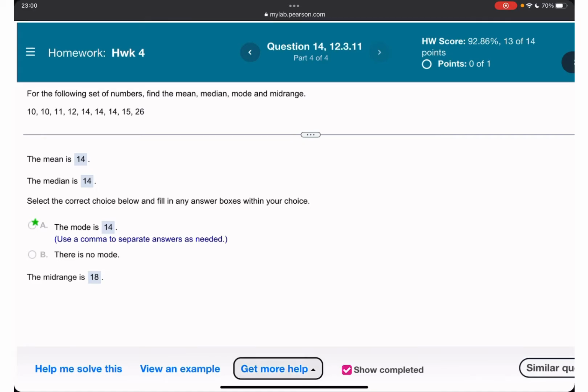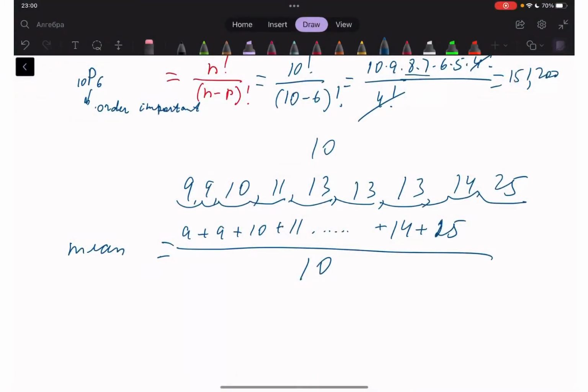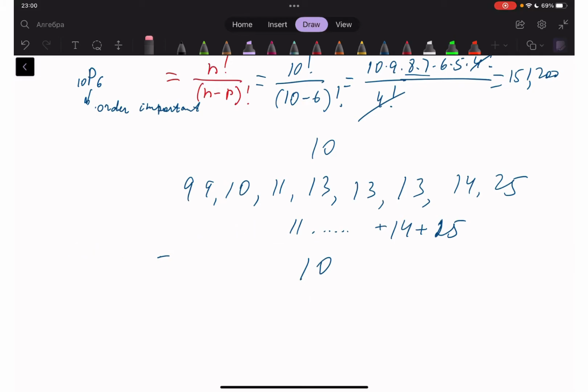Now let's show median. How are we gonna do it? How many elements do we have? 10. When we have an odd amount, we take the number in the central position. But when we have an even amount, we take two numbers in the central position and find their average.